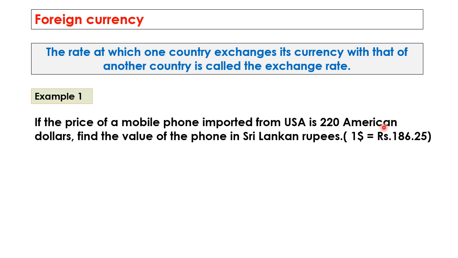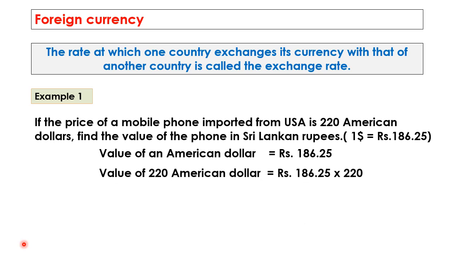Here it is given 1 American dollar is equal to 186.25 Sri Lankan rupees. So using this exchange rate, we can find the value of the phone in Sri Lankan rupees. So let's see how to find the value. Value of an American dollar is rupees 186.25. Then the value of 220 American dollars.